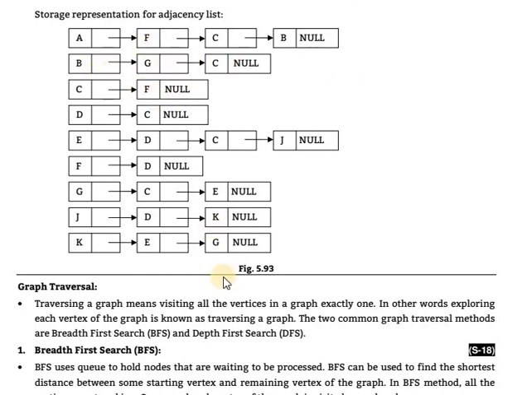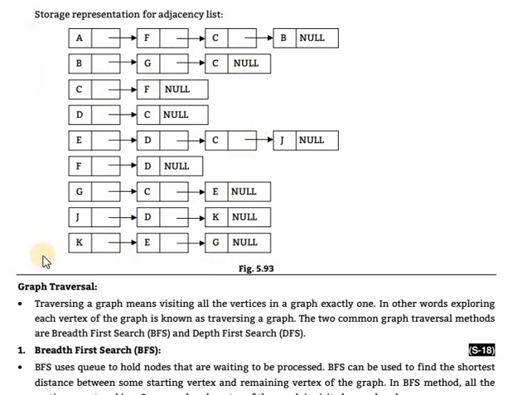B to C, C to F, D to C, E to D, C, J, F to D, G to C, E, J to D, K, K to E, G. These are the vertex list, and these are the adjacent nodes.